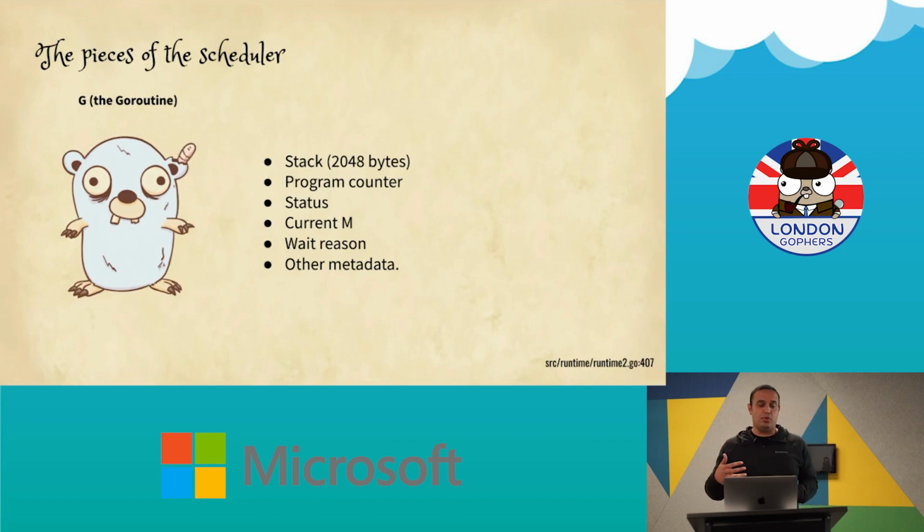The current M, the current operating system thread that is executing this Goroutine, if it's executing, and the wait reason. Whenever a Goroutine is in the waiting status, it has to have a wait reason. It's waiting for something. It's waiting for a reason. And we are going to see that the reasons are relatively limited. And again, other metadata.